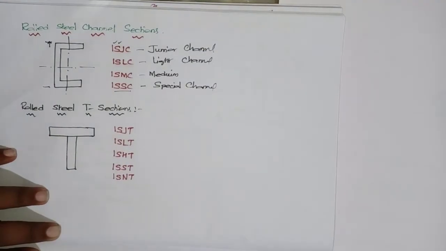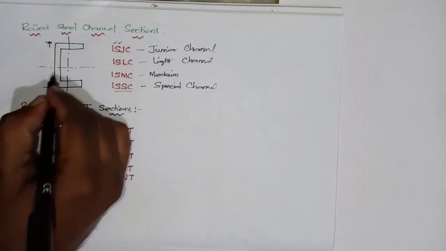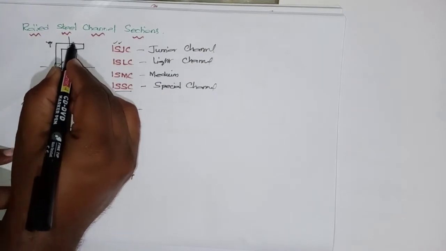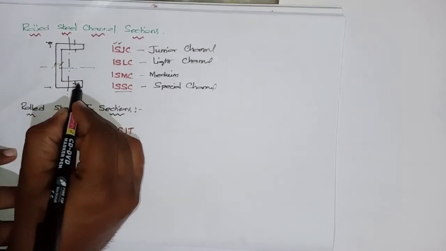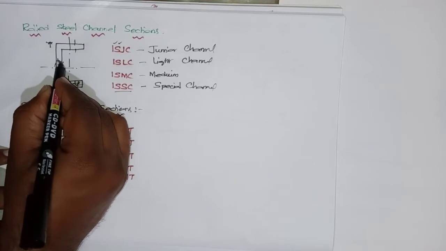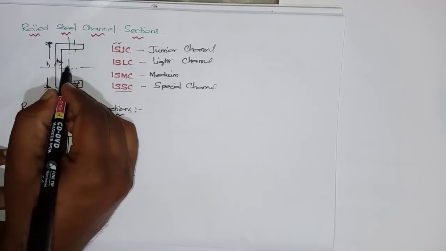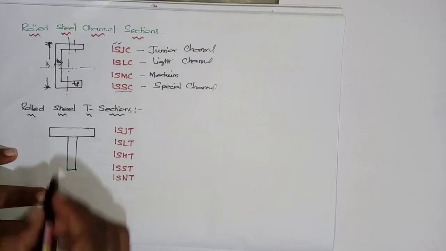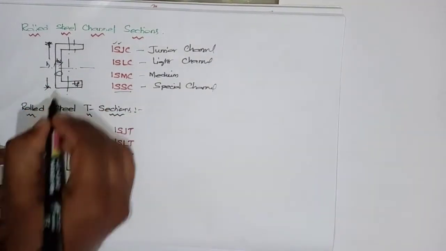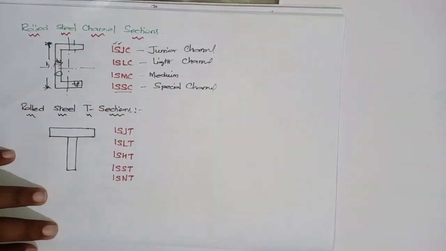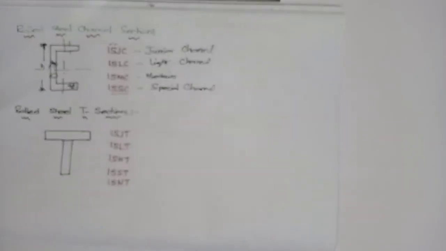Okay, so here also the same: this is the thickness of the web, thickness of the flange, TF, TW, and overall depth. This is the web portion and this is the flange portion, right? Next one, rolled steel T sections.